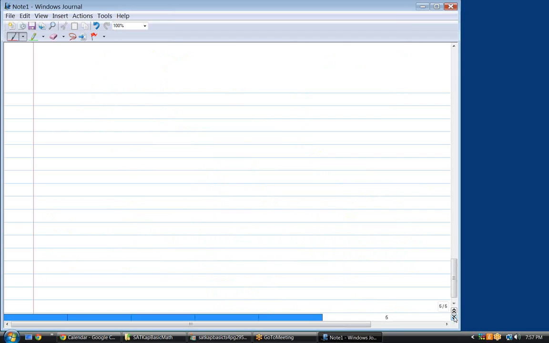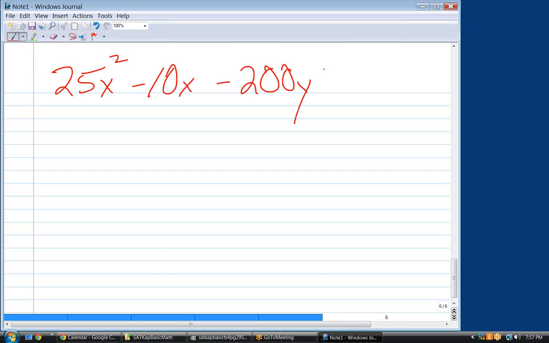Yes. Okay. This one says 25x squared minus 10x minus 200y minus 119 is equal to 0.